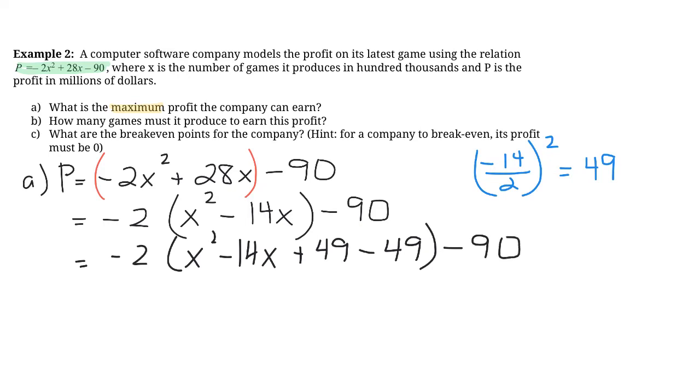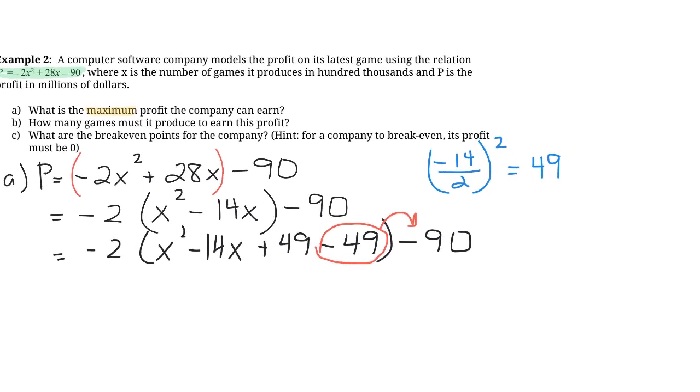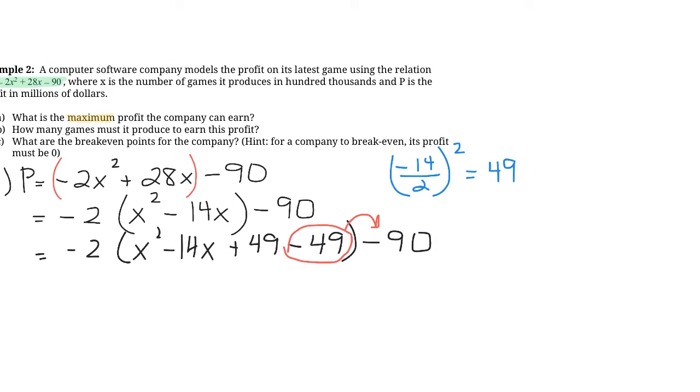Our next step is to take the term that we subtracted, the minus 49, and pull it out of the bracket. When we pull it out from the bracket, we also have to remember to multiply it by the common factor in the front of the equation. So we've got a negative 49 multiplied by negative 2, which is going to give us 98.